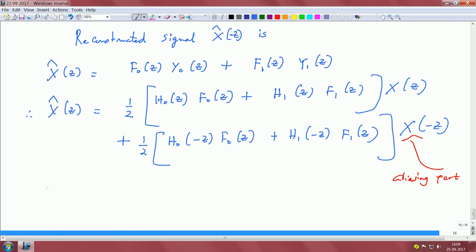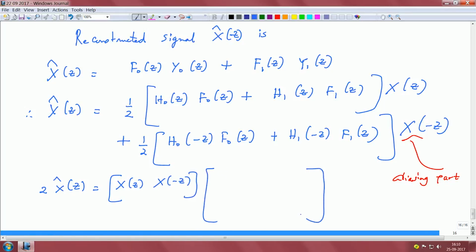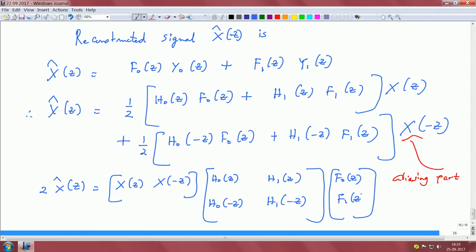So I can write it as follows: 2 x hat of z is x of z, x of minus z times h naught of z, h1 of z, h naught of minus z, h1 of minus z times f naught of z, f1 of z.